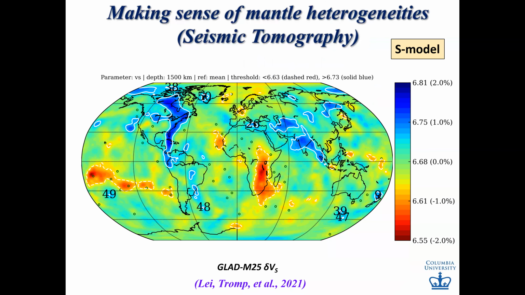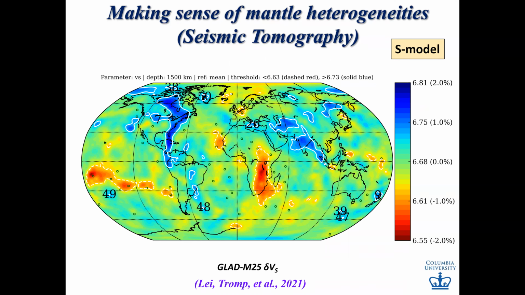This is the type of seismic tomographic maps that I'm referring to. This is a map of velocity amplitudes at 1500 kilometers depth. There are slow regions, and these are shear velocities. Slow regions correlate well with surface volcanism, therefore must be hot.